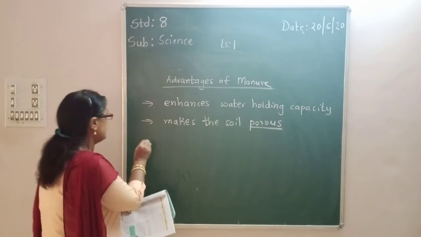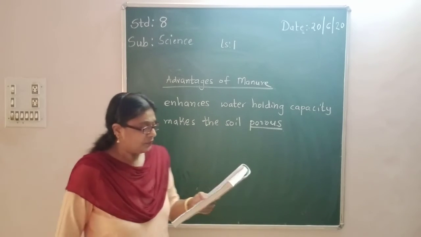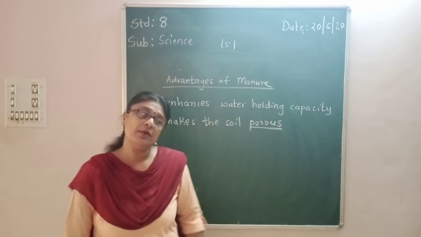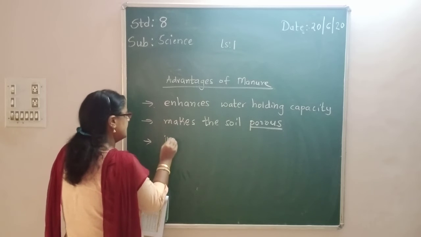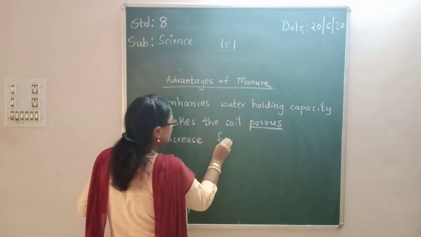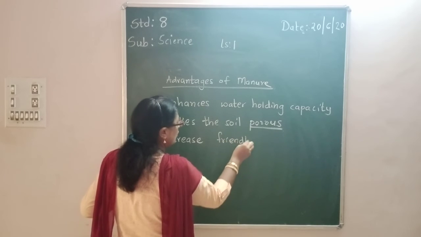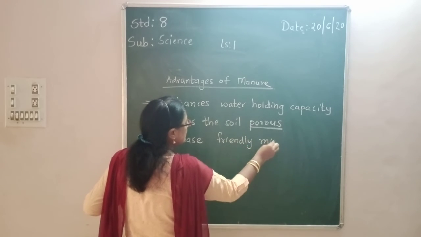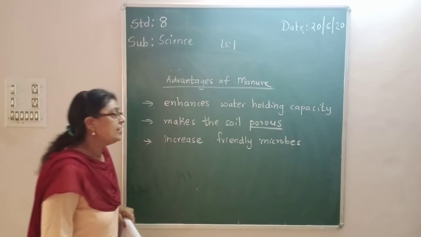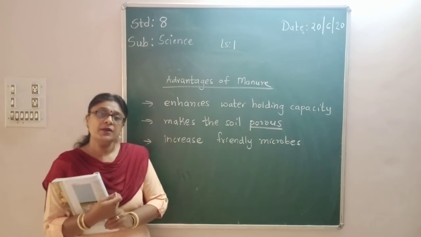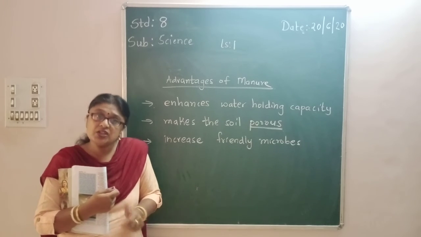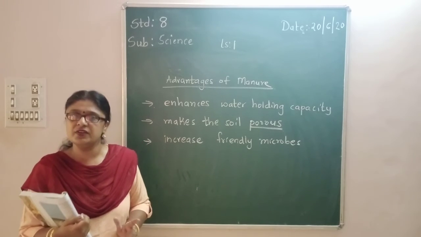Fine. Okay. Then the third point is it increases the number of friendly microbes. What are friendly microbes? Friendly means, what does a friend do? It helps us. Fine. So if you add manure, then in the soil there are certain microorganisms which help in improving the soil fertility.